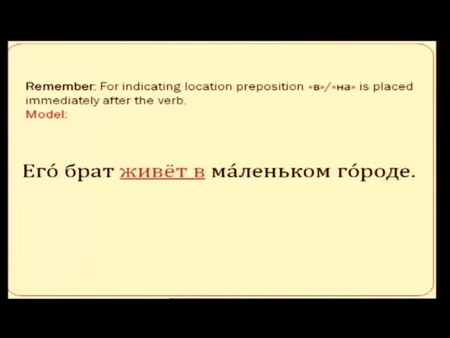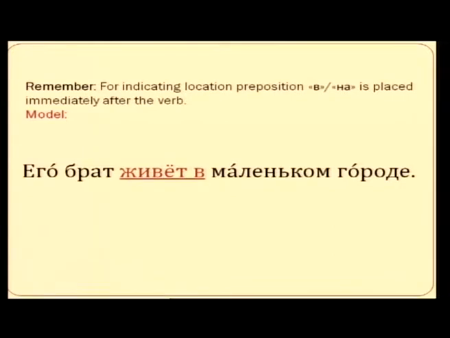Dear learners, you have just read this sentence, Его брат живет в маленьком городе. Here we have used the conjugated forms of verbs. Here жить has been used, and accordingly a preposition в has been placed before the adjective and noun.